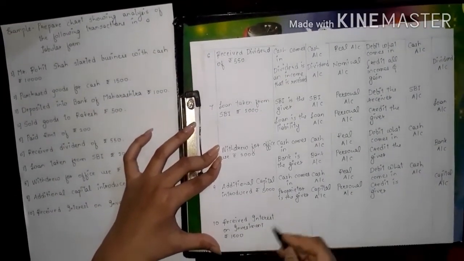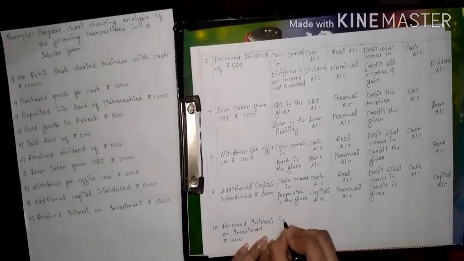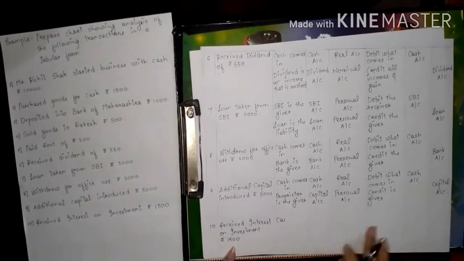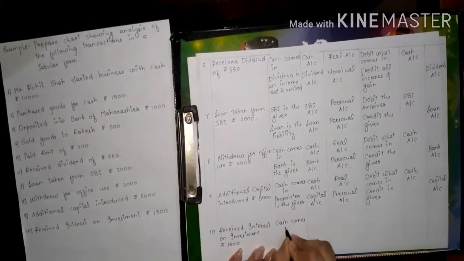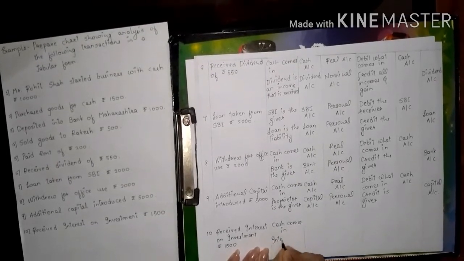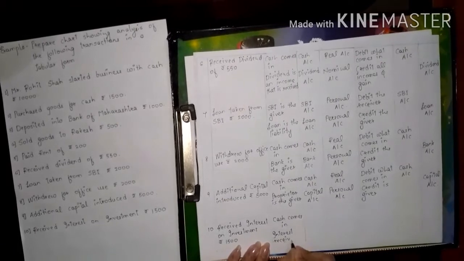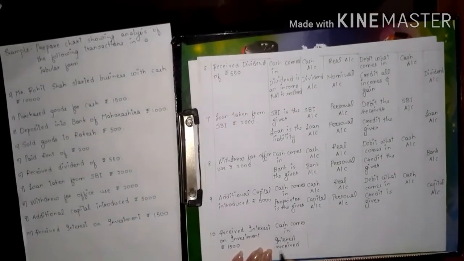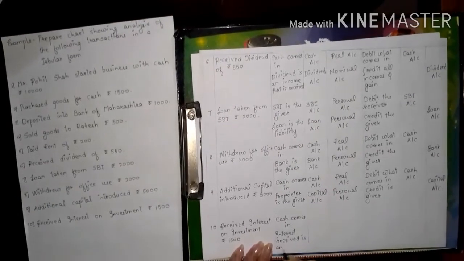Now two aspects in this transaction. Cash has come into the business, since an amount is being written, so cash comes in. And the other is interest received, which is our income. The cash we have received is in the form of interest, so interest received is an income.